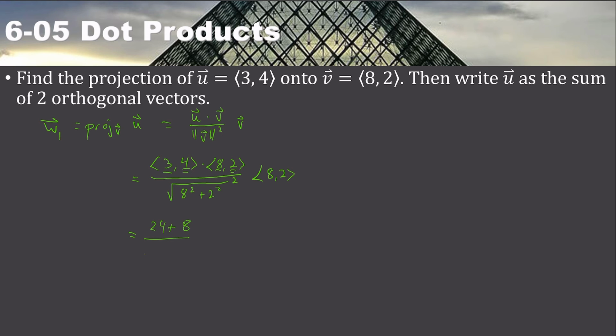On the bottom, I've got 64 plus 4. So on the top, it looks like I have got 32. On the bottom, the square root and the square cancel, so it's 68.